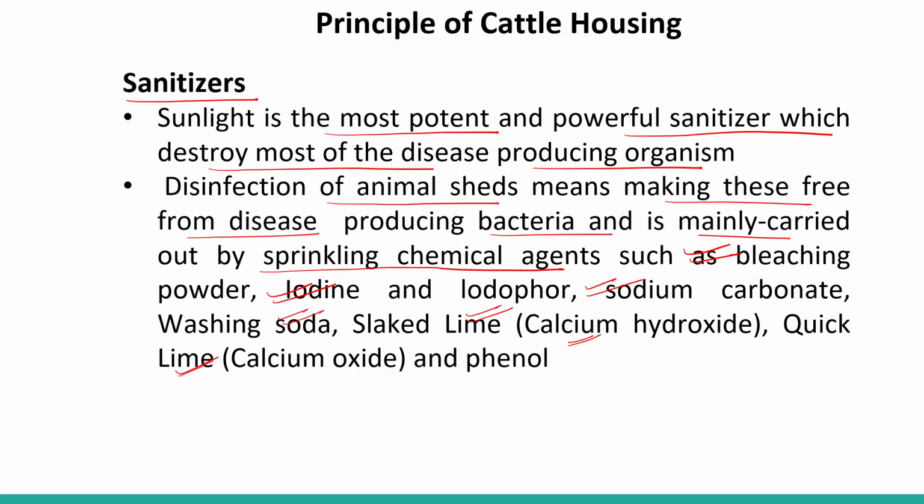Quick lime, that is calcium oxide, and phenol can also be used. So these are the sanitizer chemicals that can be used to keep our cattle house in a proper way.